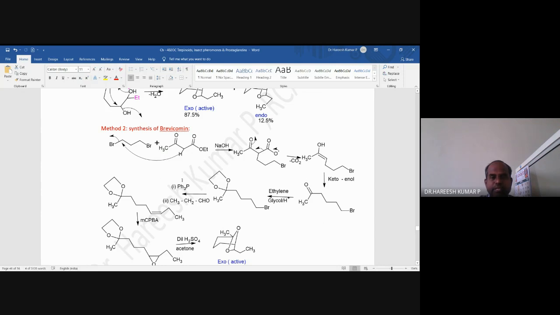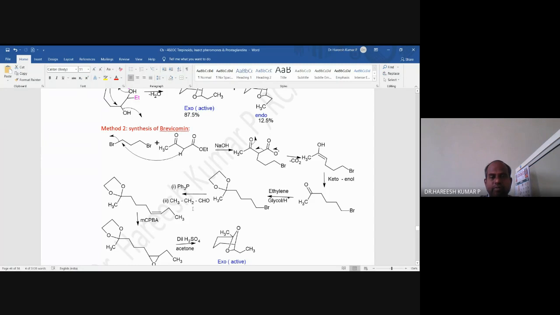So this was treated with triphenyl phosphine. What it will do, it will convert a bromo into triphenyl phosphonium bromide. That means by treating with triphenyl phosphine, a bromide is converted into a halide. That halide is treated with aldehyde.